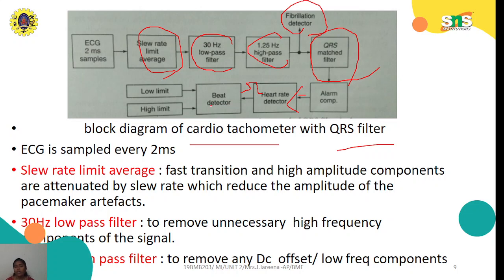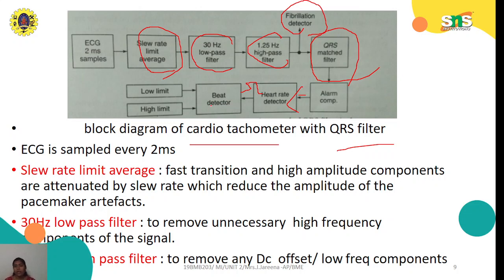So the beat detector will match the incoming impulse with the threshold values and start to count for some average period of time, and then give the result in beats per minute. So that is the overall block diagram of the cardiotachometer with a QRS filter.